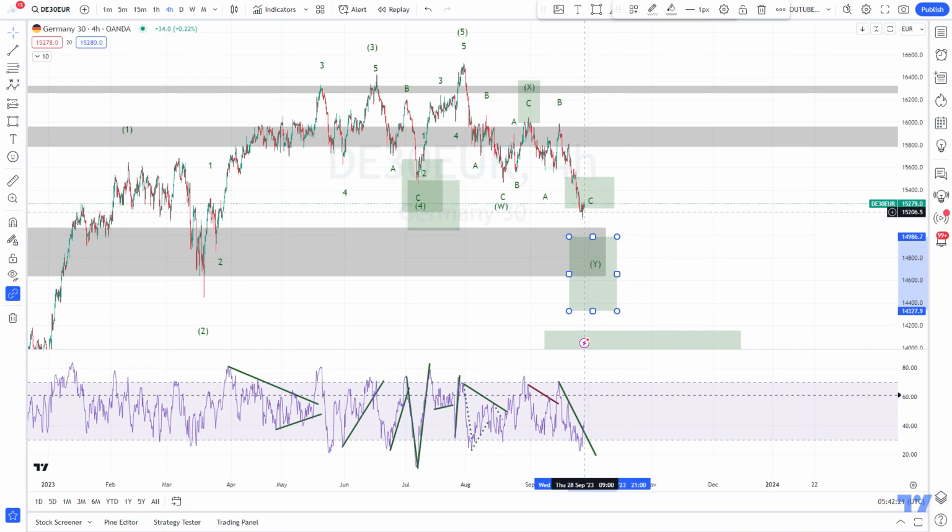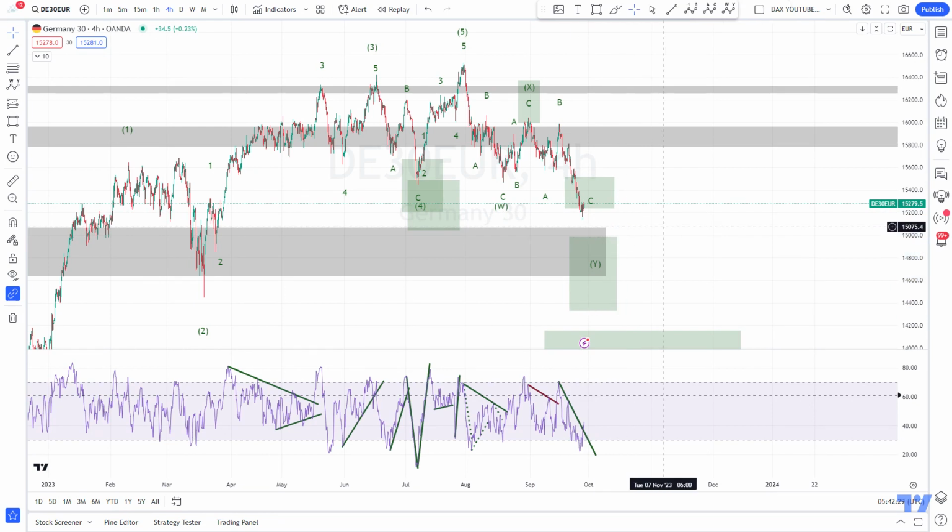we might start to turn from here, but we do not really have an entry area. This is our entry area, and as long as we do not reach this area, I do not initiate long trades yet.